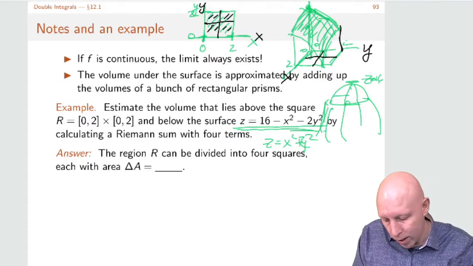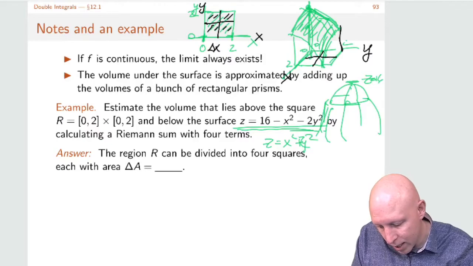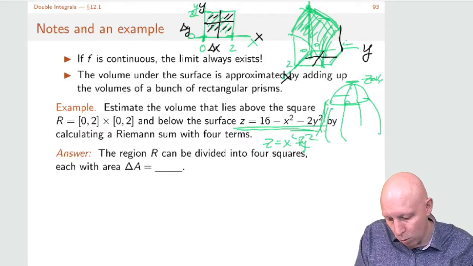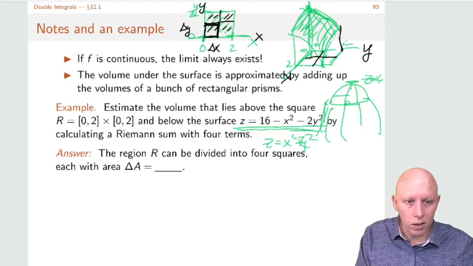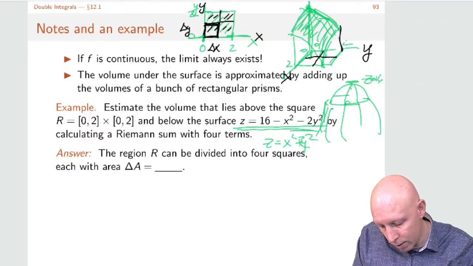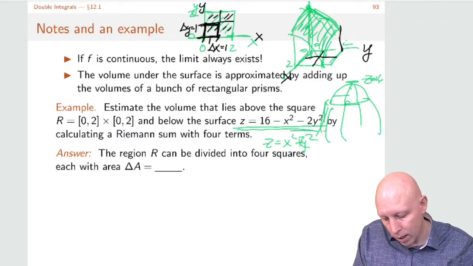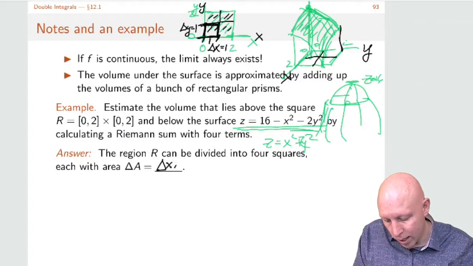And we say, all right, these are the delta x's, and these are the delta y's. So what is the area of one of these squares? Well, if we look, this went from 0 to 1, so delta x is 1. And this went from 0 to 1 as well, so delta y is 1. So delta A, which is equal to delta x times delta y, is equal to 1.